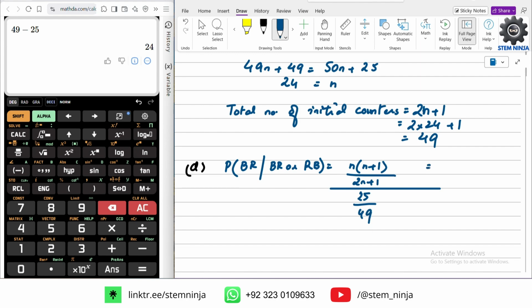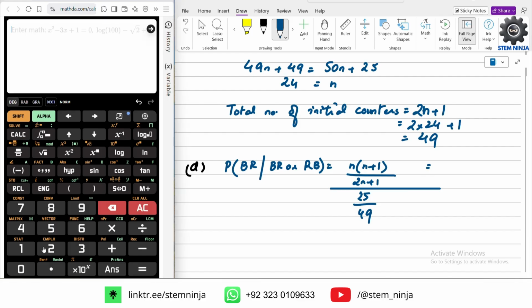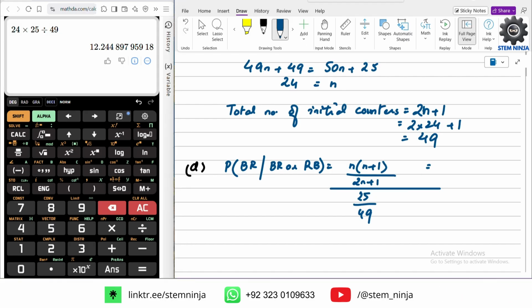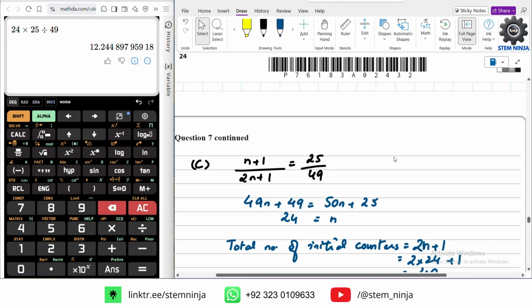Okay, so we have 24 times 25 divided by 49. So divided by 49, 49 will get cancelled. So wait a second. No. There's something we missed out. Different colors is 25 over 49.